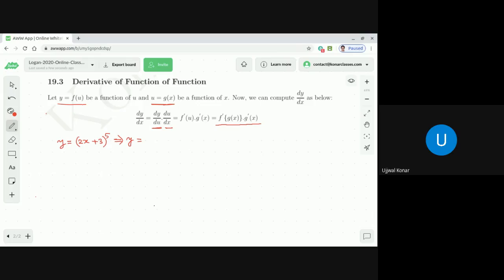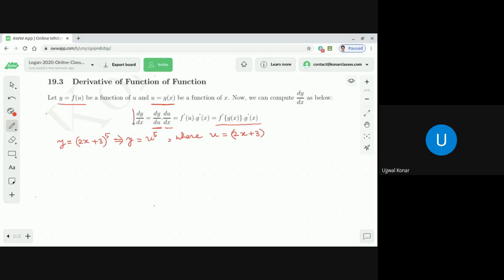But what we can do, we can write that y is equal to u power 5, where u is equal to 2x plus 3. Correct or not, dear students?